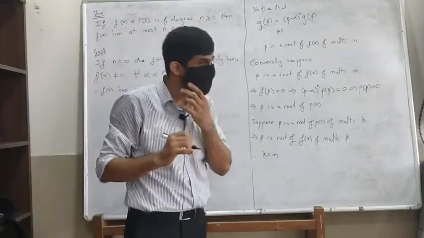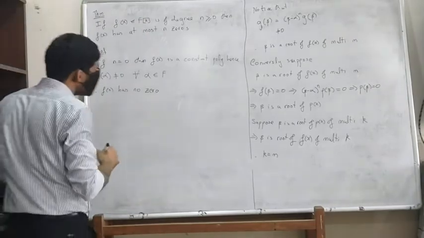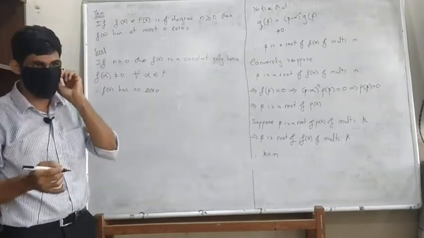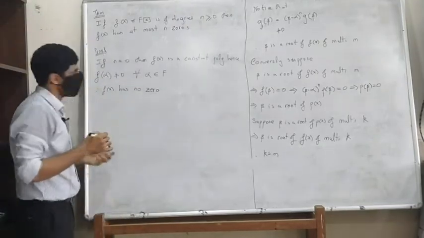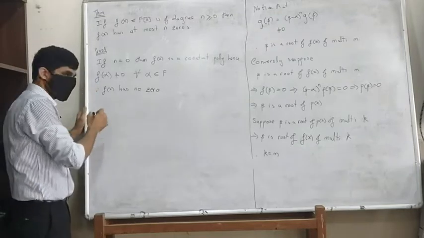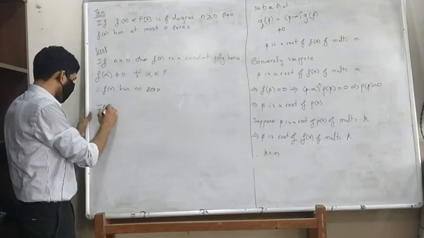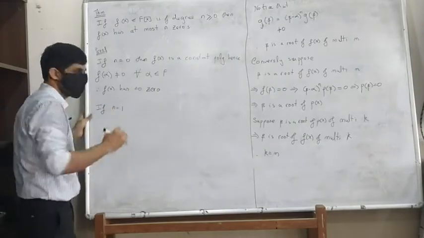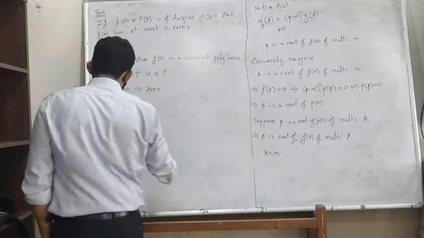Let's also do it for 1. Actually, you don't need to do it for 1 because this is sufficient, but let's do it anyway. So if n equals 1, that means the degree of f is 1.